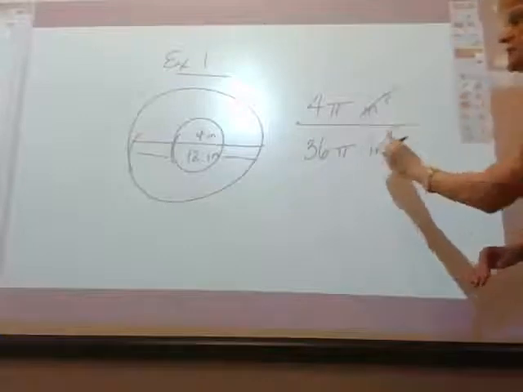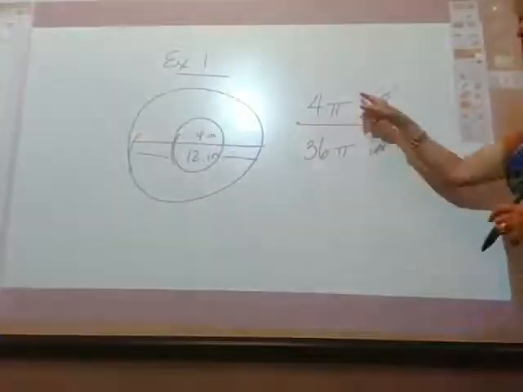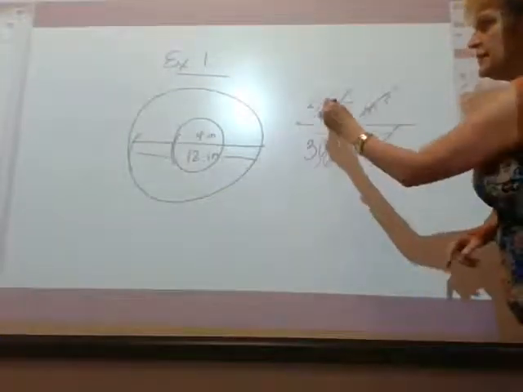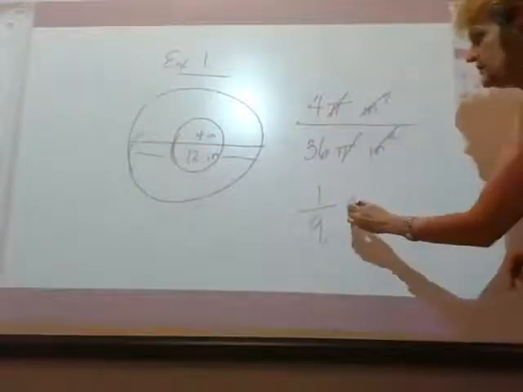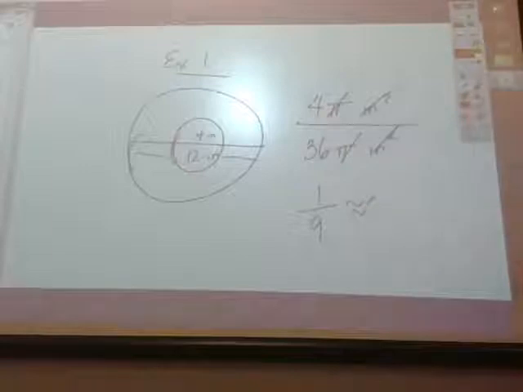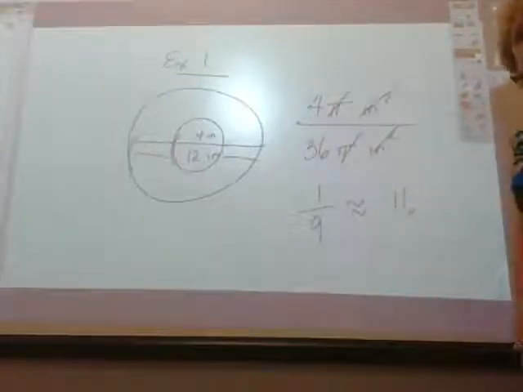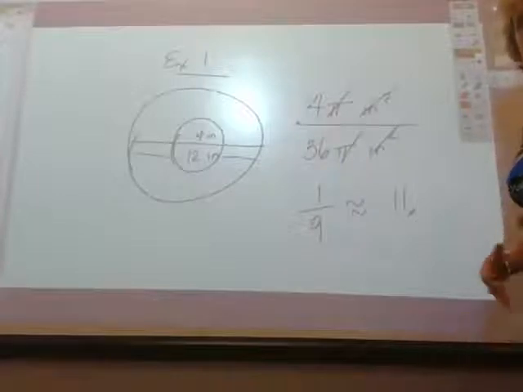So these cancel, all right? And so the pi's cancel, and 4 over 36 would be 1/9 probability. If you're turning it to a decimal, bottom into top, we get approximately 0.11 or 11%. All right?